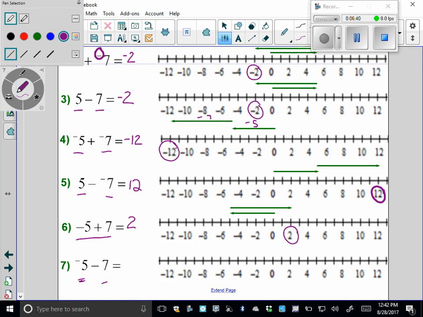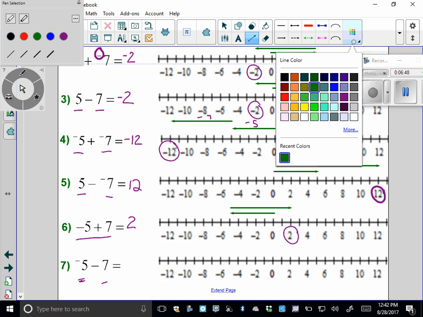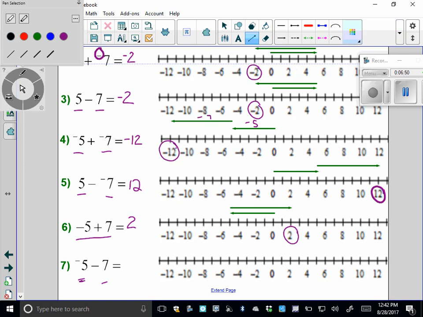So we will go to negative 5 first, starting at 0, negative 5, and then subtract 7. So I'm just subtracting 7. So I'm going to continue to go to the left. My final answer is negative 12.